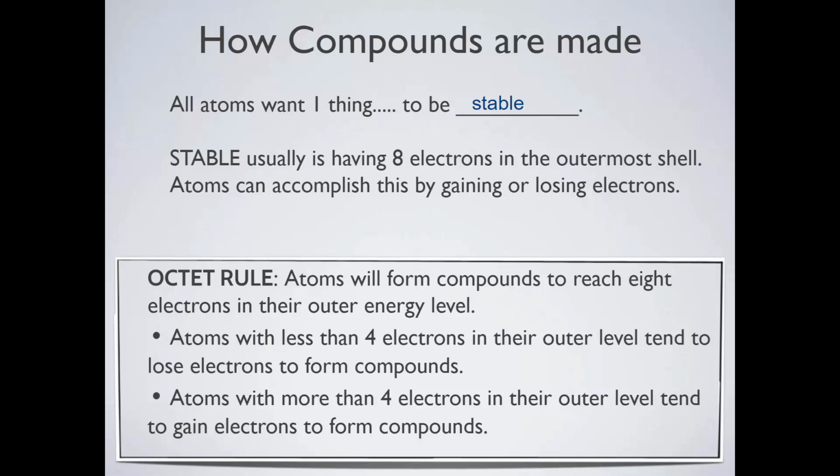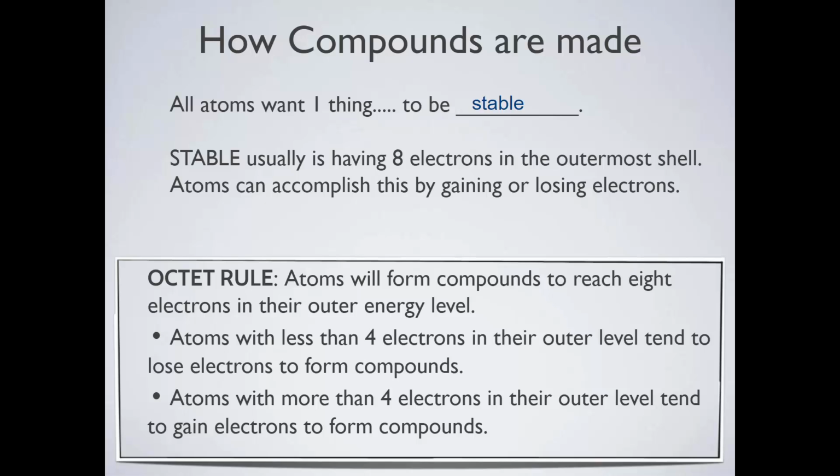And so we have this rule we call the octet rule. The octet rule says that atoms will form compounds in order to reach a full outer shell, in order to reach 8 electrons. And they will typically do that the easiest way.